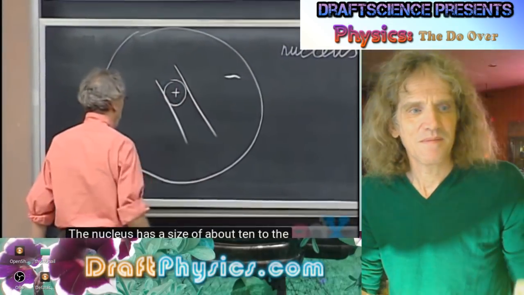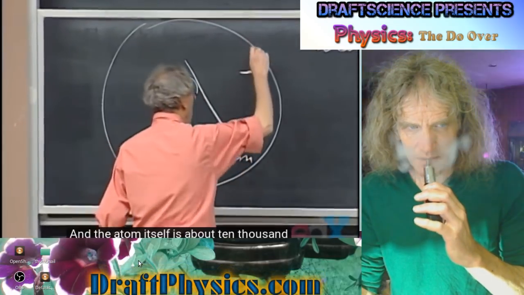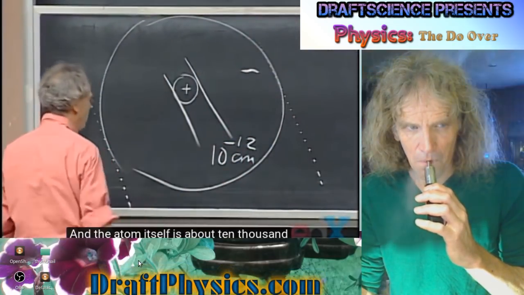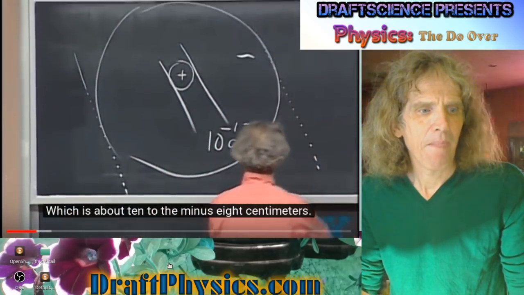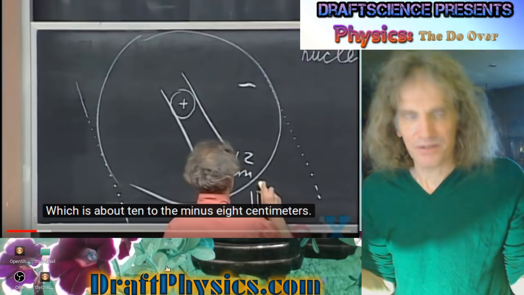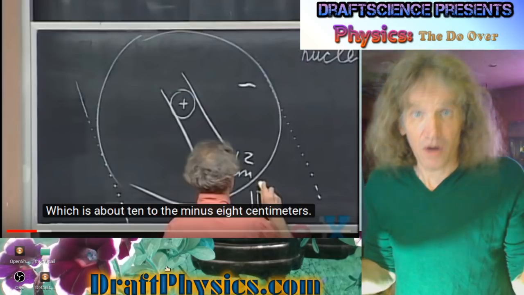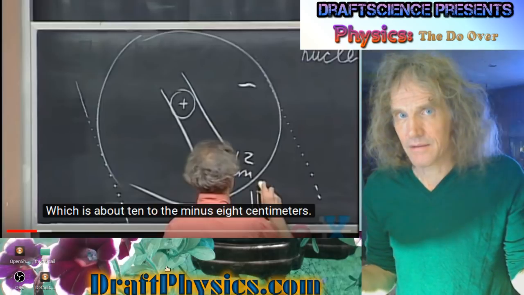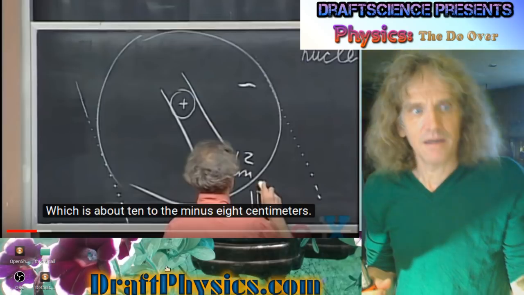The nucleus has a size of about 10 to the minus 12 centimeters. And the atom itself is about 10,000 times larger, the cloud of electrons, which is about 10 to the minus 8. Alright, so there's no cloud of electrons. They're in real positions. And in my opinion, they have to be substantially large, because they do collect. They're hit by photons fairly easy.